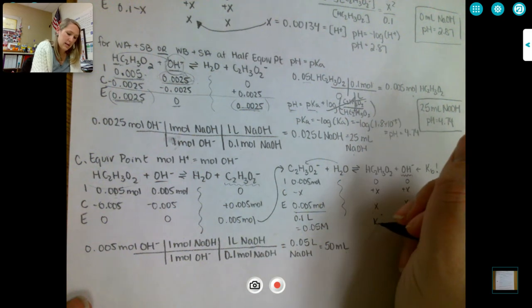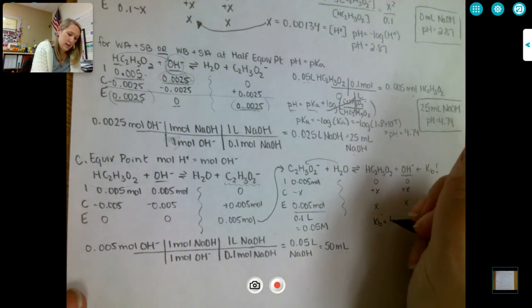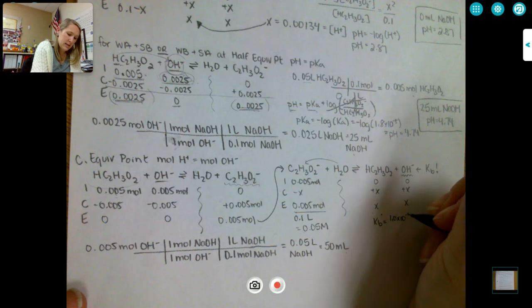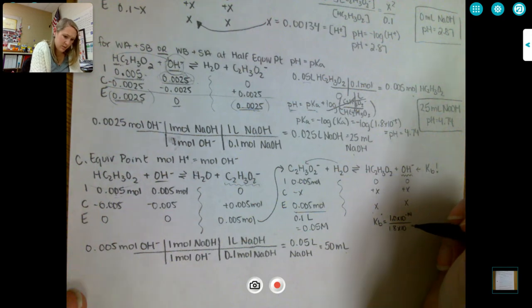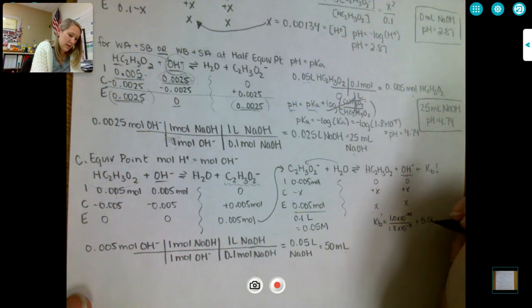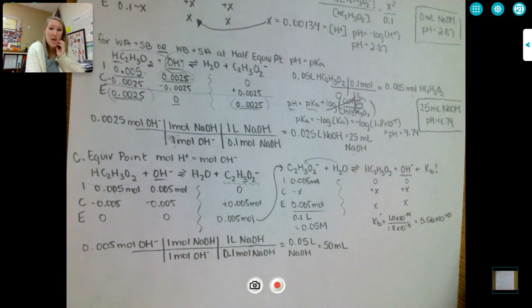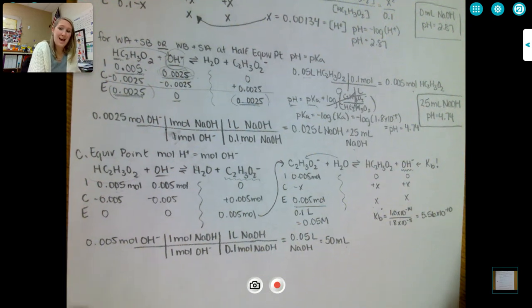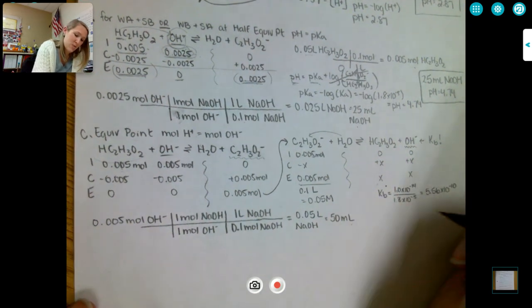Remember that Kb is 1 times 10 to the negative 14 over the Ka value, which we know is 1.8 times 10 to the negative 5. So my Kb value is 5.56 times 10 to the negative 10. Let's solve for x. Just keep hanging out with me, guys.